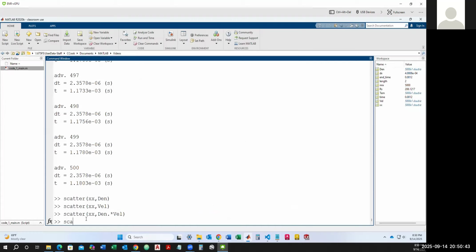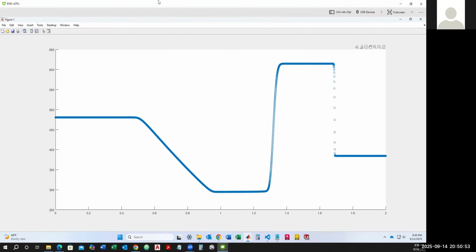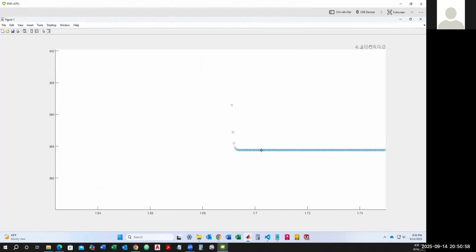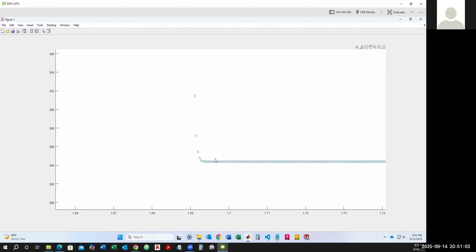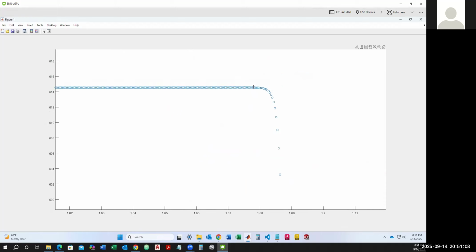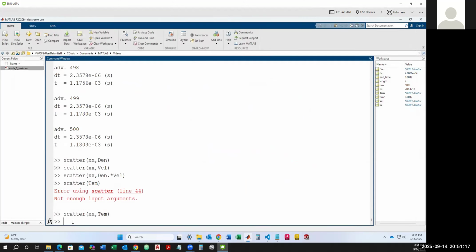All right, let's look at the temperature. Everything's checking out. There's no oscillations, even as I zoom in, no little squiggles. It is actually straight. And look at the pressure.